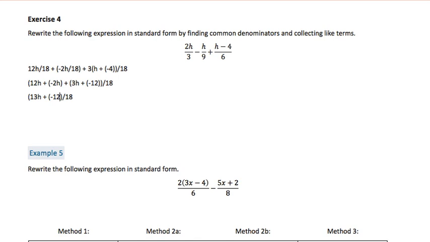Now in our final step, we're going to split those terms apart. So we would have 13h divided by 18 plus negative 12 over 18 can be simplified to negative 2/3. And that would be our final answer.